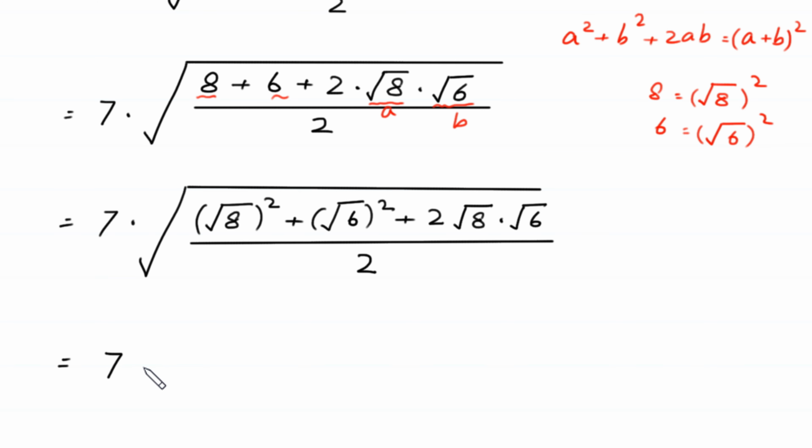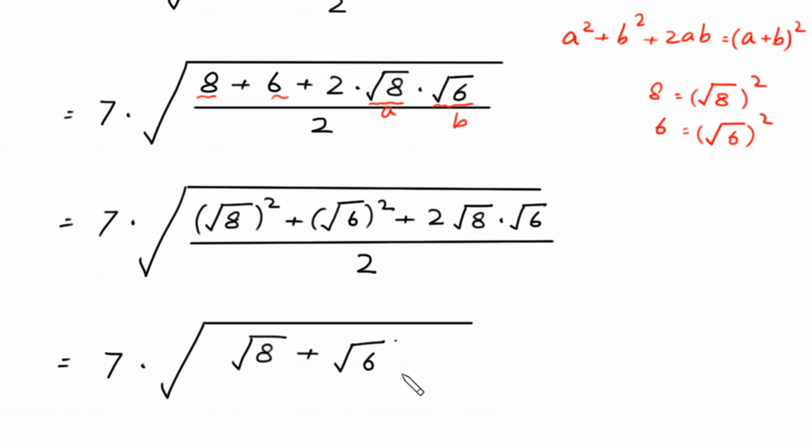Next, 7 times square root of, as this expression a squared plus b squared plus 2ab is equal to a plus b whole squared, in the same way, this expression square root of 8 squared plus square root of 6 squared plus 2 times square root of 8 times square root of 6 is equal to square root of 8 plus square root of 6 whole squared, divided by this 2.